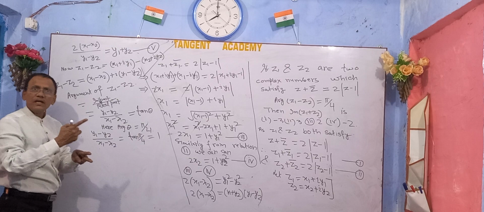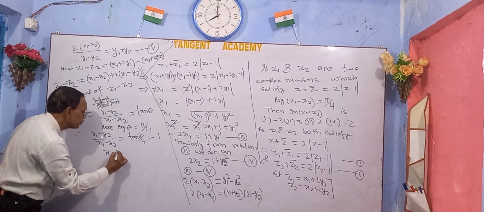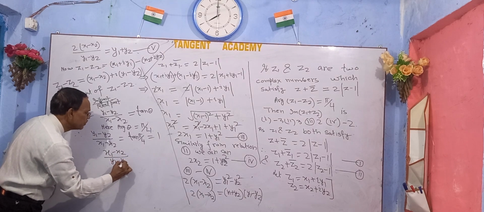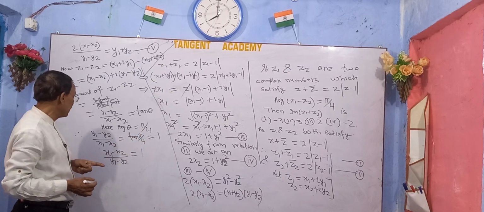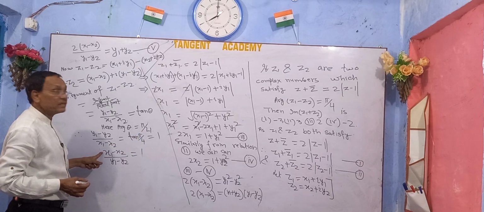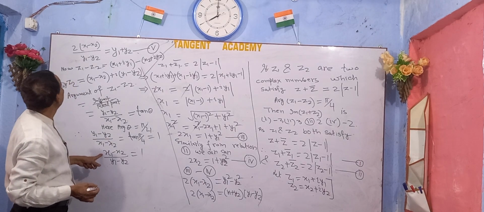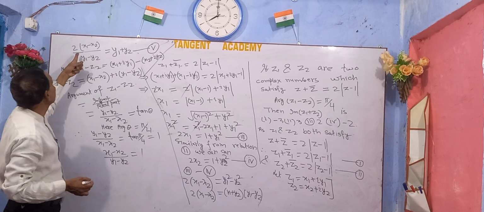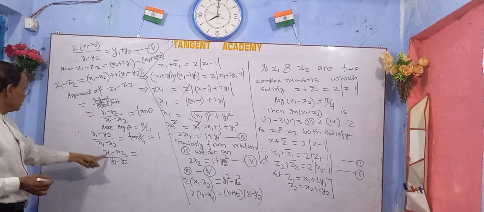Taking the reciprocal, x1 minus x2 divided by y1 minus y2 is also 1, because the reciprocal of 1 is also 1. We want to use relation 5, but 2 times x1 minus x2 is not available here.